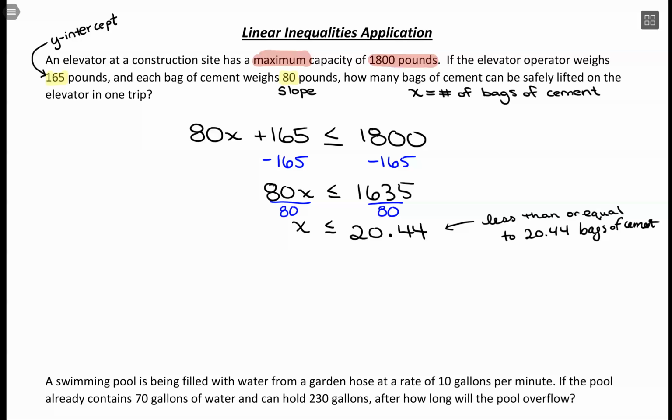And that's fine. If we wanted to get a little more realistic with it, we could do that. There's a few ways to think about it. We could assume that they're probably not cutting up these bags of cement, so that's where I'm a little hesitant to use the 0.44 in a more realistic sense, because to tell these guys, actually, I want 44% of one of those bags, they're not going to like that.